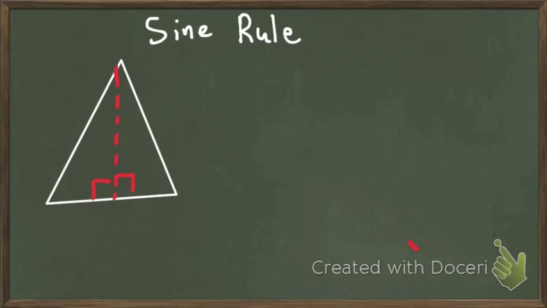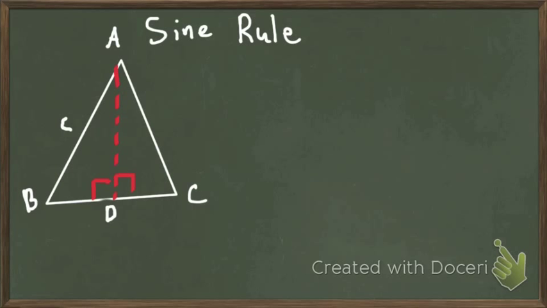So what I'm going to do is label my triangle. Let's rather use a different color. So we're going to go with vertices A, B, and C. I'm going to name the point where my perpendicular line meets the triangle D. And then opposite the vertices, we always name the line segments with the little case of the vertices.